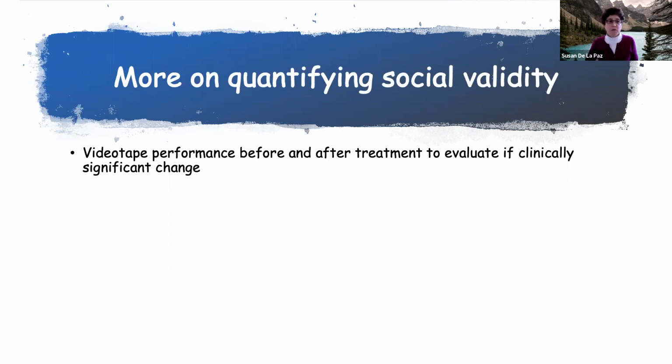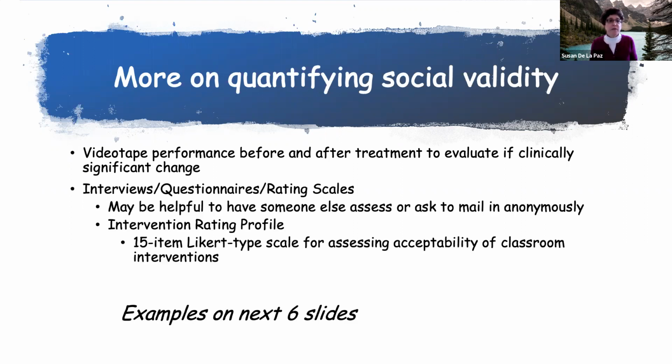So that would be one way to do this. And you could videotape performance during treatment as well if you wanted to check for fidelity, but that's bringing in a different concept that I talked about earlier today. So videotaping performance before and after, that's one way.